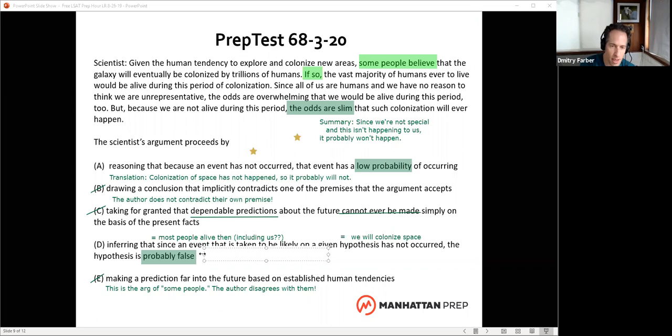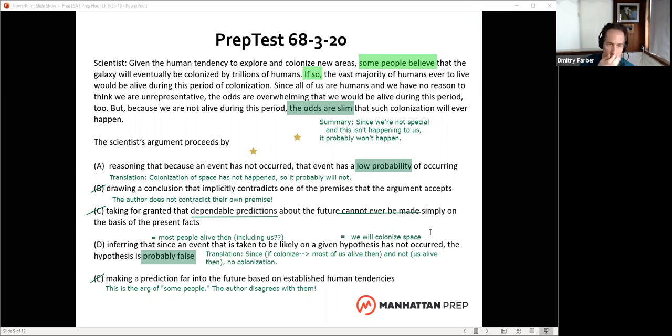So it's basically saying, translation, since if colonize, most of us alive then, and that didn't, and we're not, right? No colonization.